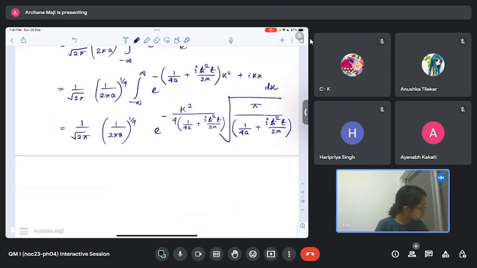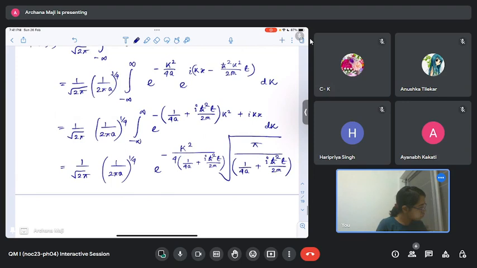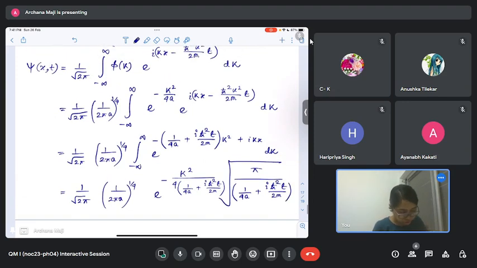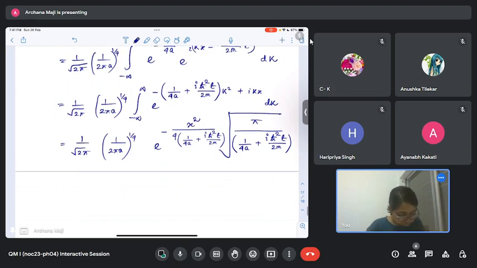Okay, now this can be rewritten. I haven't made any mistake. Okay, sorry. Initially the integration was over dx, that's why it was minus k square over 4a, but now the integration is over dk, so the result that we get is minus x square over 4a.